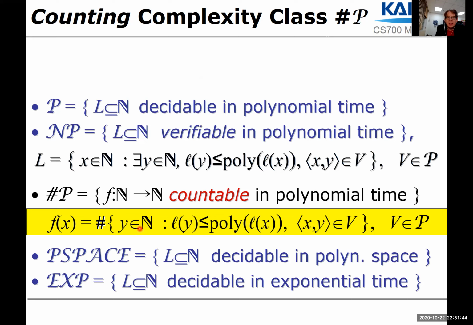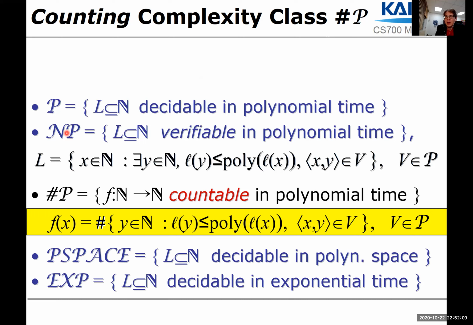So intuitively, problems in #P tend to be harder computationally, even more difficult than the problems in NP. And similar counting variants of decision problems in NP are, for example, the question, how many cliques of size k does a given graph have?